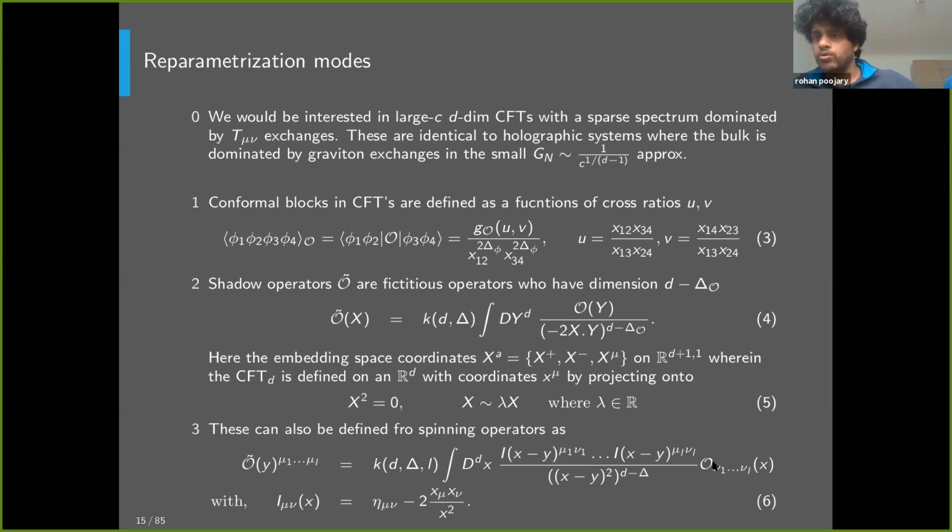Okay, so you have an operator O with spin L and dimension delta, then you can contract all its indices with the inversion tensor and then define the respective shadow.